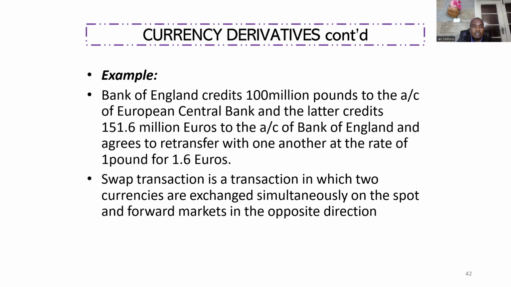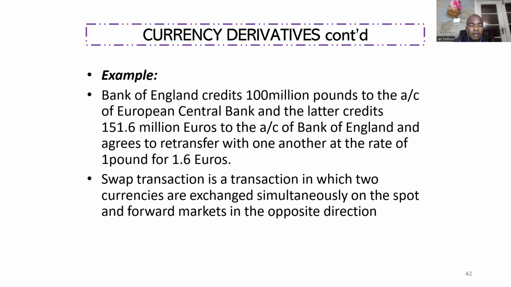A case in point is a scenario in which the Bank of England credits 100 million pounds to the account of the ECB, the European Central Bank, and the latter credits 151.6 million euros to the account of the Bank of England, and agrees to retransfer with one another at the rate of £1 to 1.6 euros.